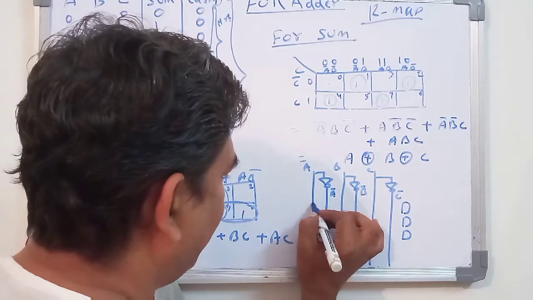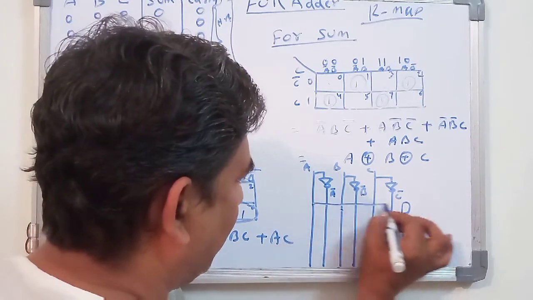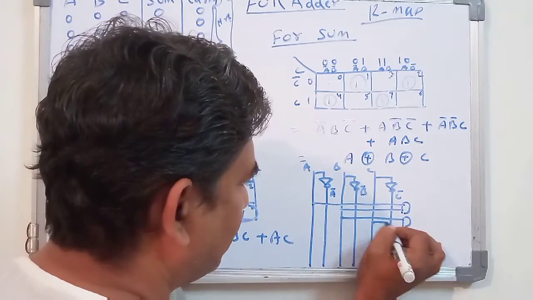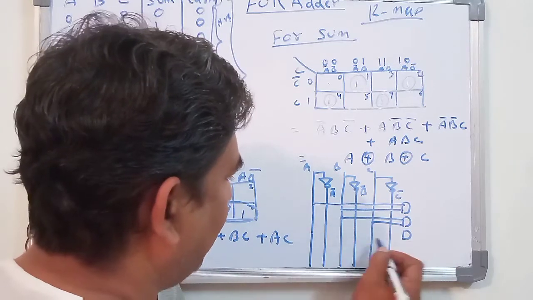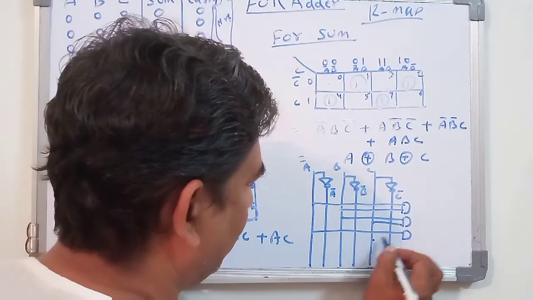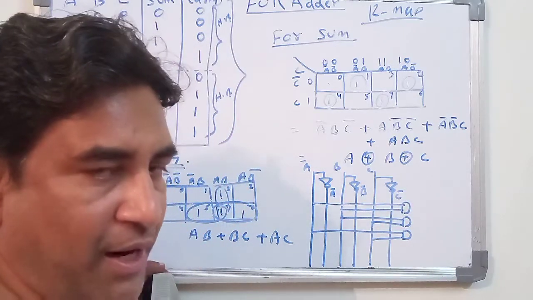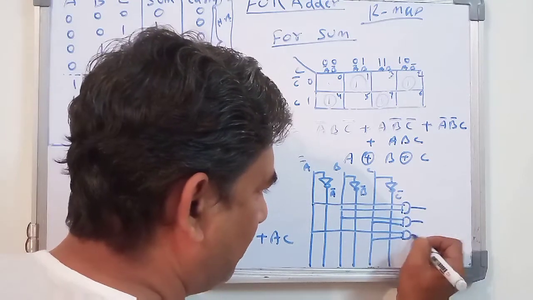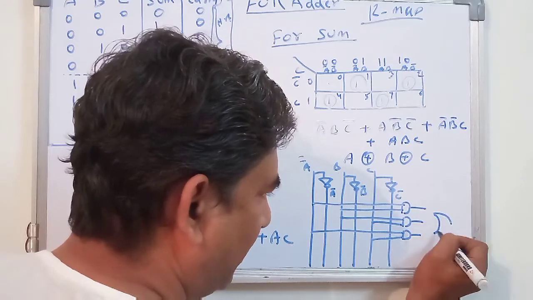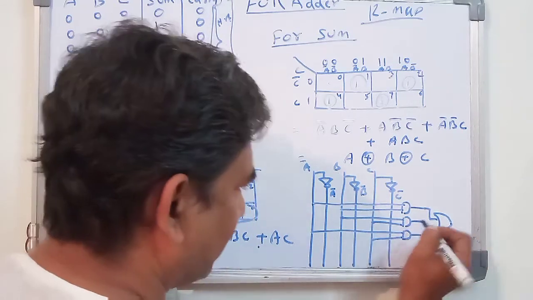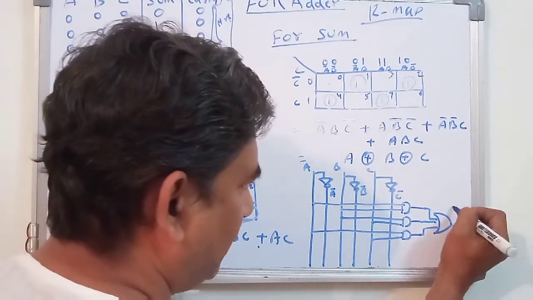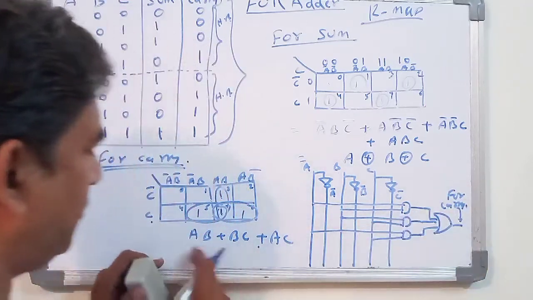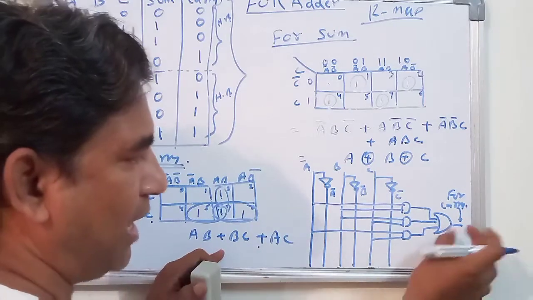So AB, mark here A and B, connect the line AB. Then BC, connect the line B and C, connect the line A and C. Okay, students? Here you mark and connect the 3, AB, BC and AC. And the output you have to connect with the OR gate, as it is an addition. Since the output, you may write down here, for carry. For carry, you have obtained AB, BC and AC output.